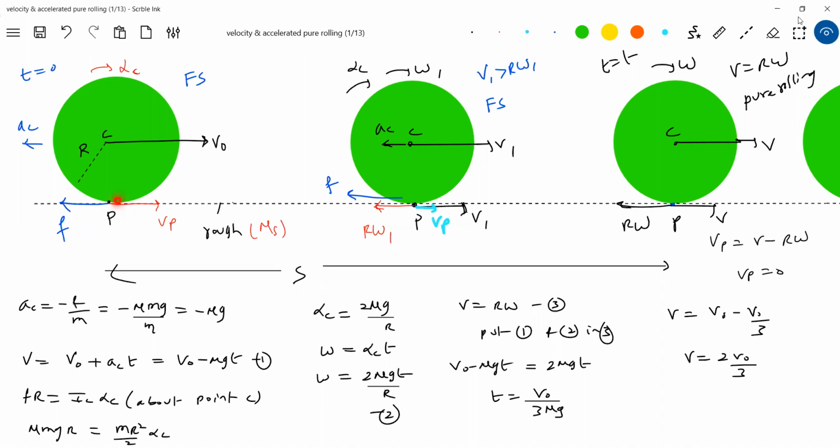Very random motion, no? After some time point P will be here, after some time here. But it cannot be a cycloidal path, because it is not pure rolling. After pure rolling, it will be a cycloidal path. The point on the circumference, that one, cycloidal path here. But before pure rolling, when forward slipping is there, it is not a cycloidal path and is very complicated.